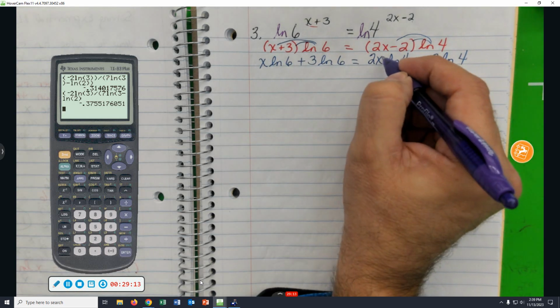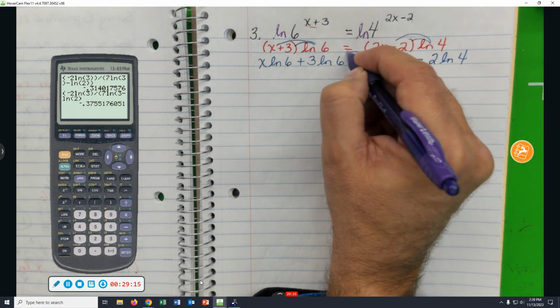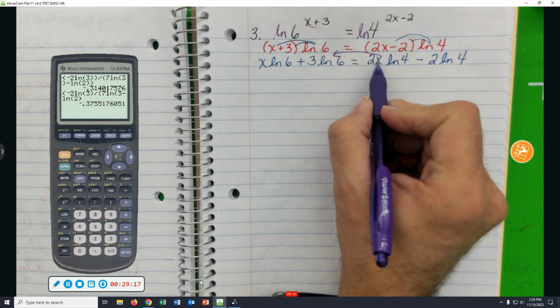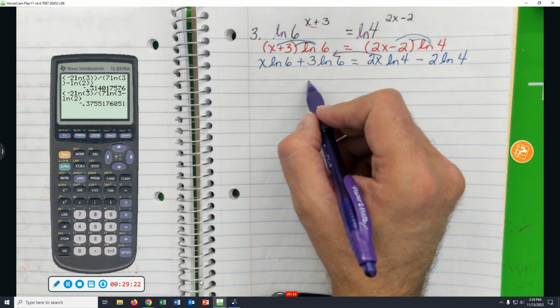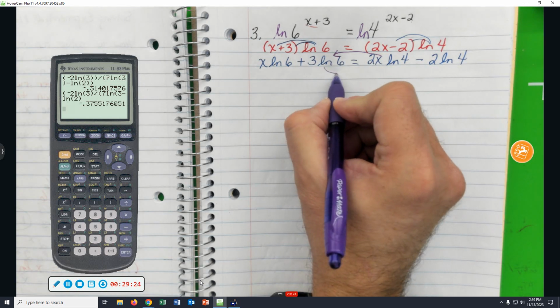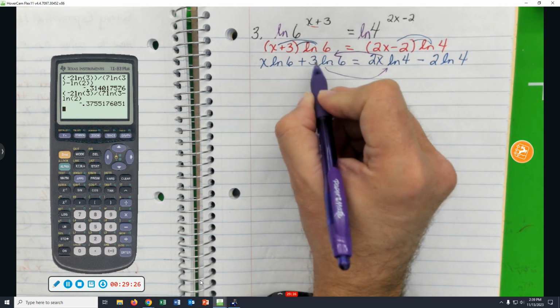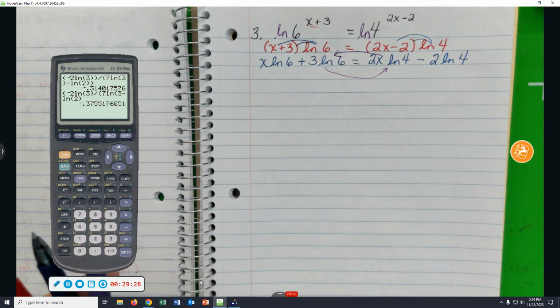I'm going to move 2x ln 4 over here. So that's going to become a minus 2x ln 4. And I'll move this over here. So it'll be a minus 3 ln 6.